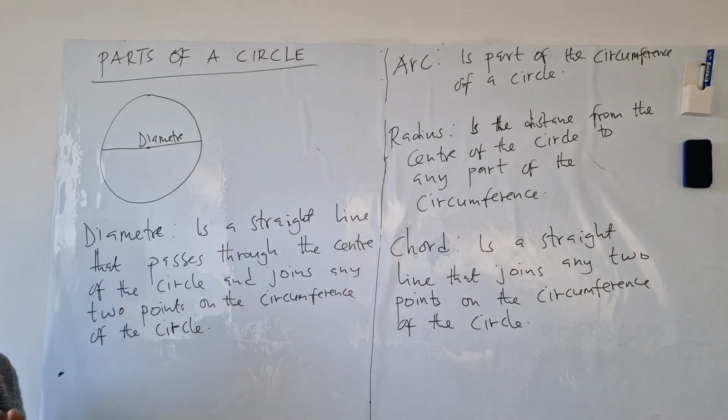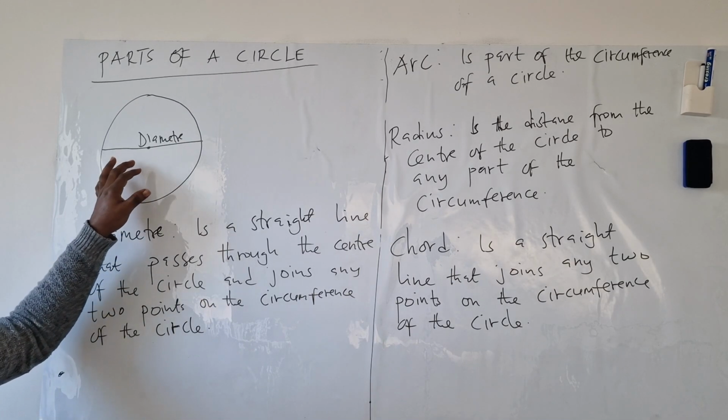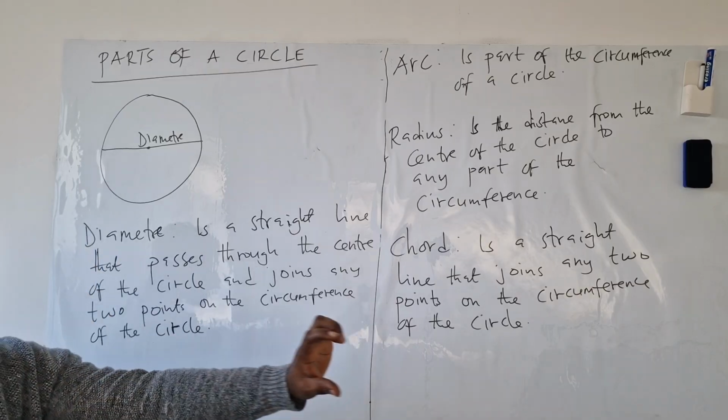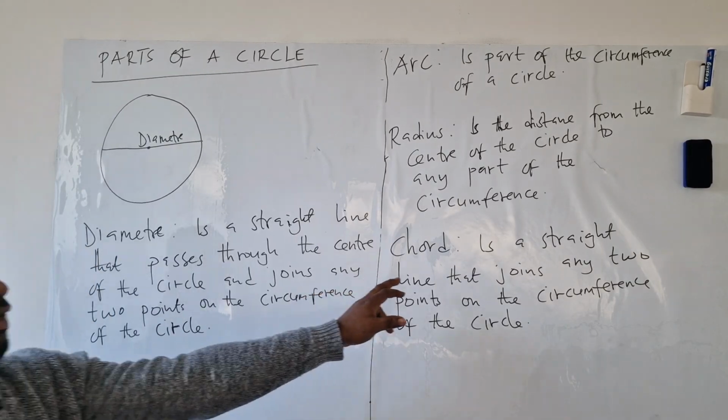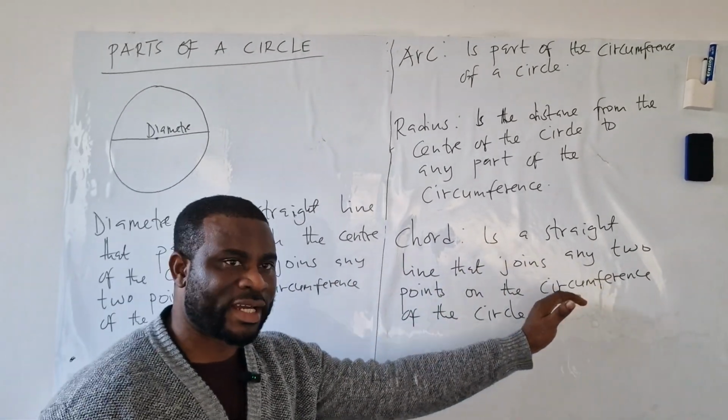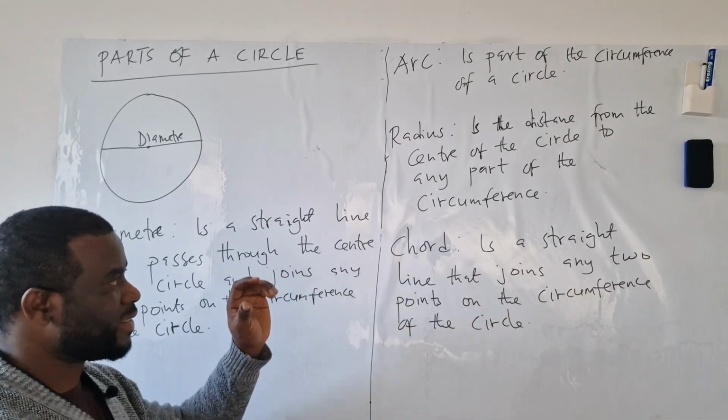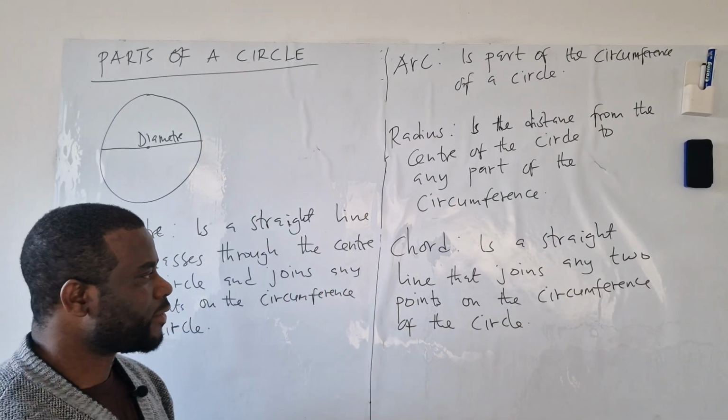Good. Therefore, let's see if we can answer our first question. Let me ask again at this point. Is diameter a chord? Yes, diameter is a chord. Why? It's a chord because it's a straight line. Look at the definition for chord. Chord is a straight line. So that one is a straight line, right?